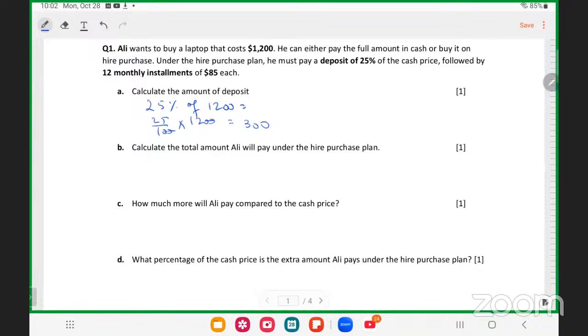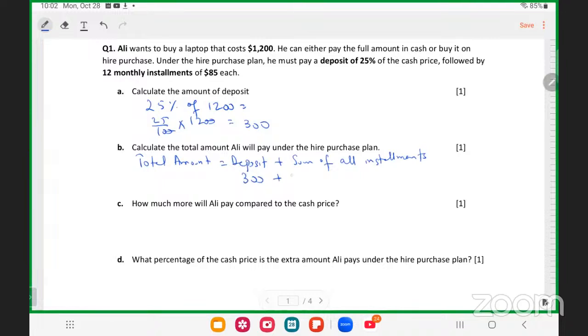Calculate the total amount Ali will pay under hire purchase. So total amount is deposit plus sum of all installments. Deposit is 300.